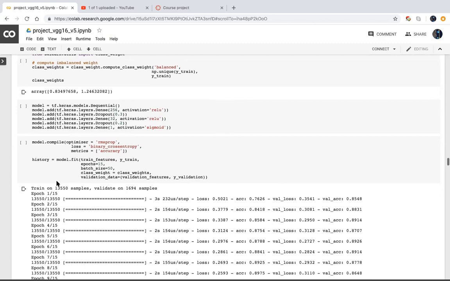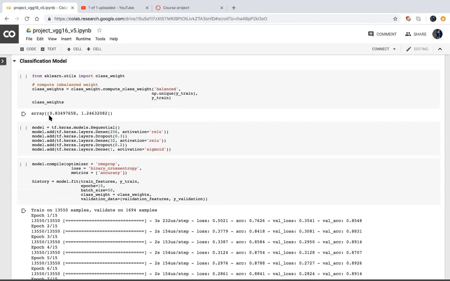I let the model fit for 50 epochs, and the batch size to be 50. I also introduced a parameter called class weights, because in my case there are far more negative patches, which do not have tumor in them, than patches that have tumor in them.